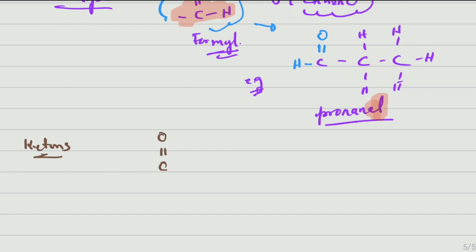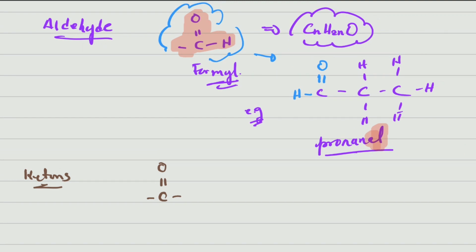It's a carbon that has a double bond with oxygen, but that carbon cannot be bonded to hydrogen like before, because if it's bonded to hydrogen, then it is in fact an aldehyde and not a ketone. Can you see that this one here is bonded to hydrogen, but this carbon cannot be bonded to hydrogen. It must be bonded to another carbon at least. That is the functional group of a ketone.